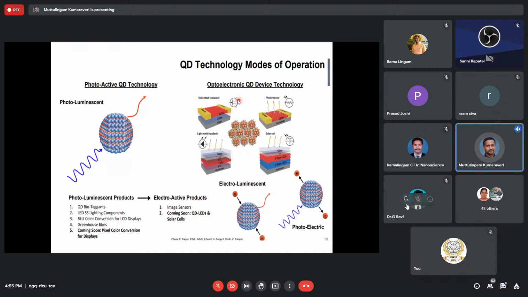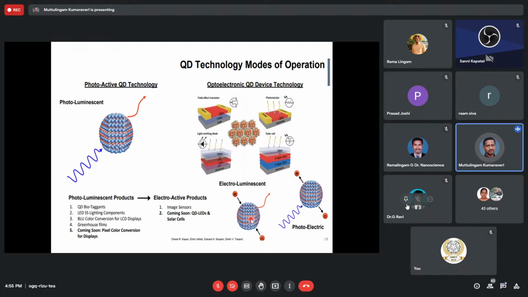But if you take optoelectronic QD device technology, which we are looking forward to, that's electroluminescence. Electroluminescence means you pass electricity through the quantum dots, then it will emit. That's self-emitting. That is the exciting part here.